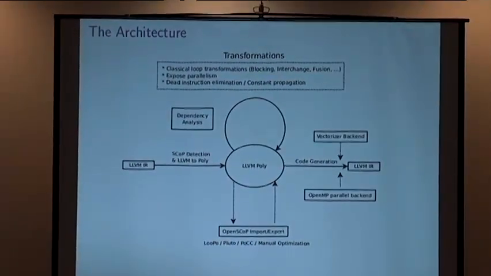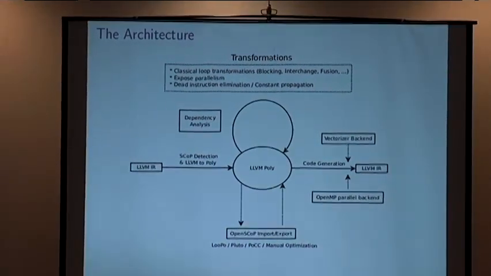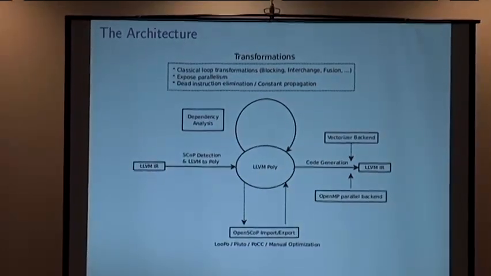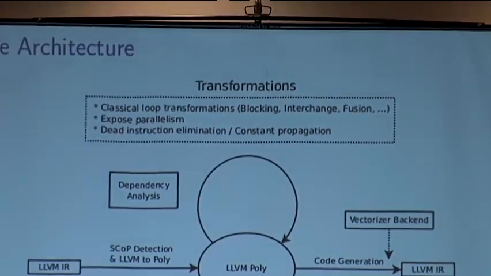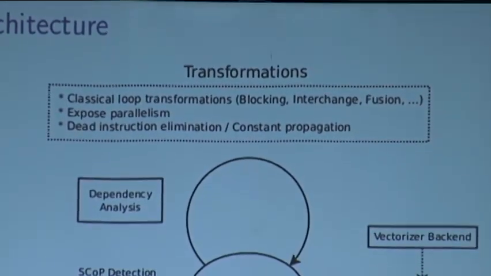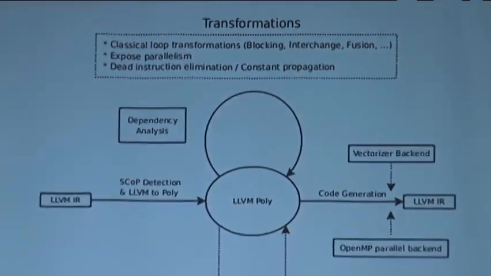So what Polly does is translate from LLVM IR into a polyhedral representation. It starts detecting the interesting parts, the scops I just presented to you, how they look. We translate them into a polyhedral model. And if we're really lazy, we just translate it right back, and the program can still be executed.